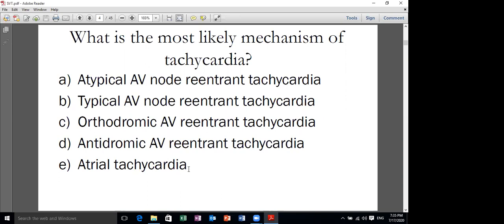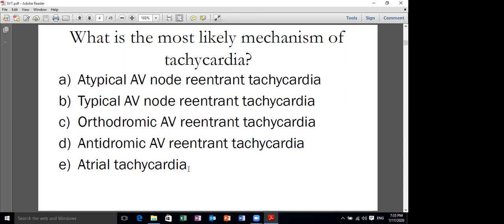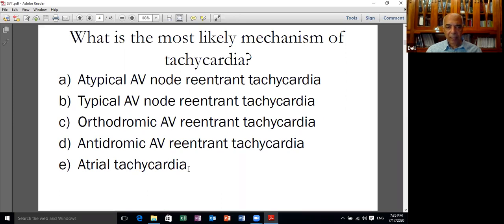Is it a typical AV node reentrant tachycardia, or atypical AV node reentrant tachycardia, or orthodromic AV reentrant tachycardia, or antidromic AV reentrant tachycardia, or atrial tachycardia? Of course, the correct answer is B. It's a typical AV node reentry tachycardia, because as I explained, the atrial activity changed its mind.